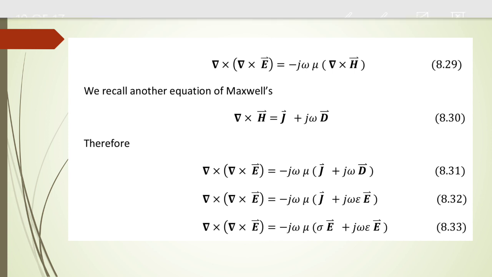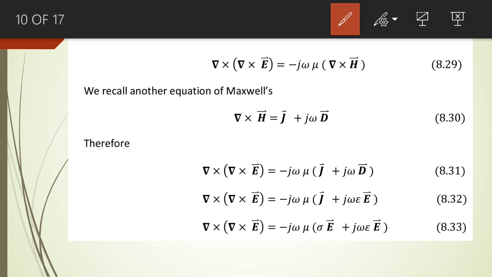So we take the curl of the quantity on the left hand side of the previous equation. So the curl of the electric field intensity will be equal to minus j omega mu multiplied by the curl of the magnetic field intensity. So we take the curl of a vector quantity always, right?